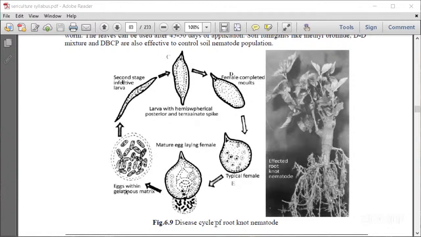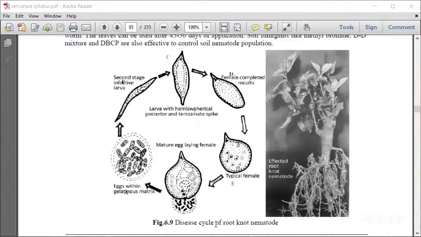The favorable soil temperature is 15 to 30 degrees centigrade and moisture 40 to 60 percent, which encourages the parasite's growth. The nematode infestation is more in irrigated mulberry farming, so the leaf loss is 10 to 12 percent.